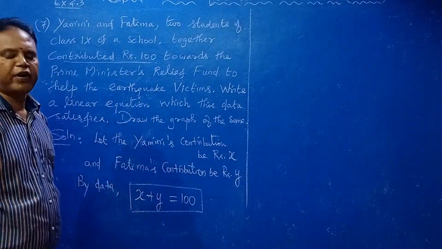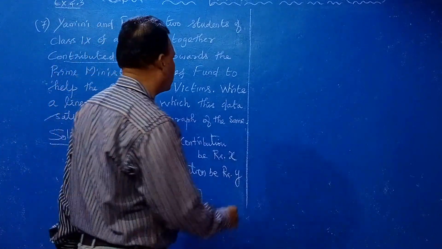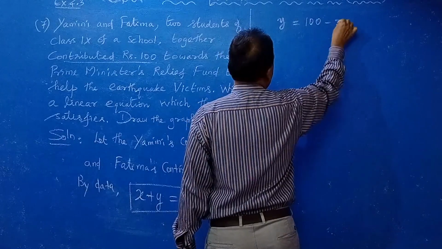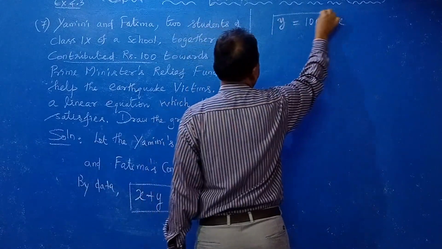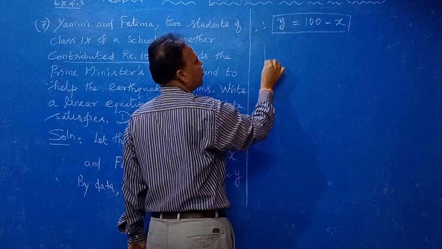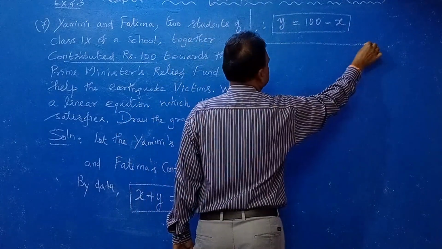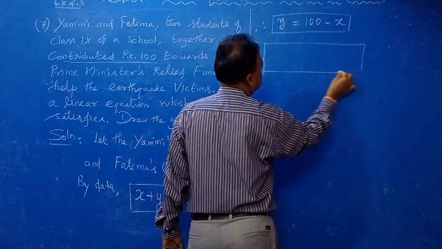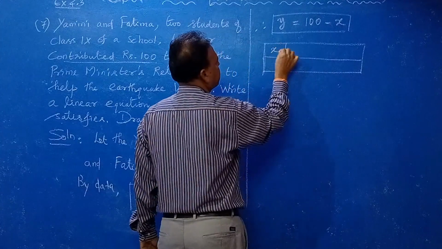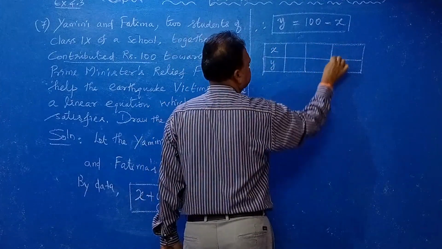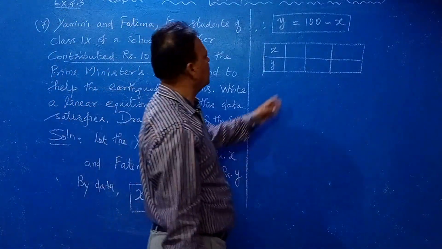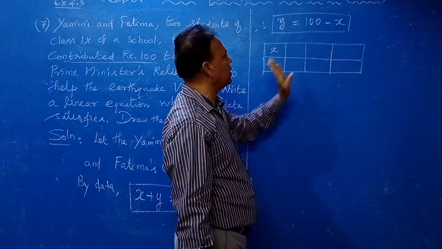Now for this you have to find out the solution. So Y equals 100 minus X. Always keep Y on the left side. Meaningfully you give the values.